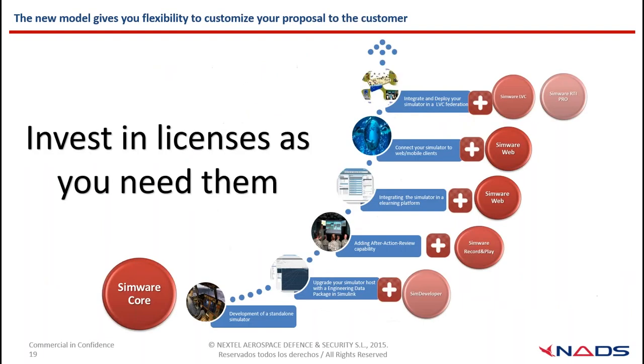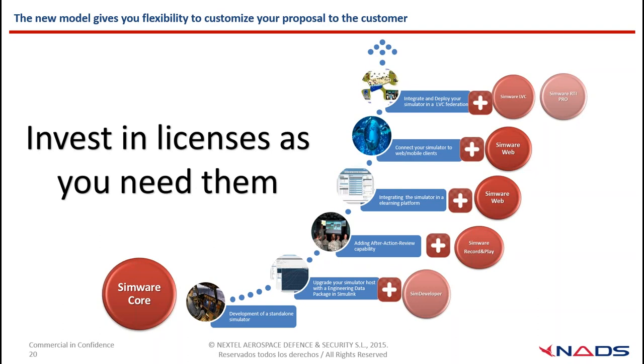To finish my part of the presentation, let me give you an insight about how you can use the different licenses when you are working in a simulation project. You will see that you have a lot of flexibility to invest only in what you need in each moment.